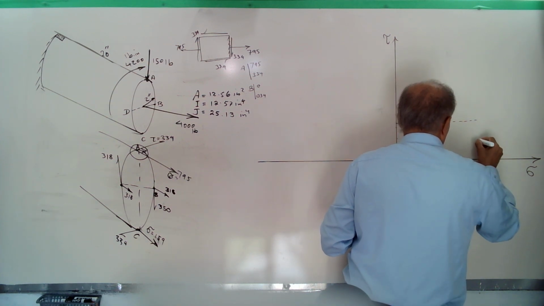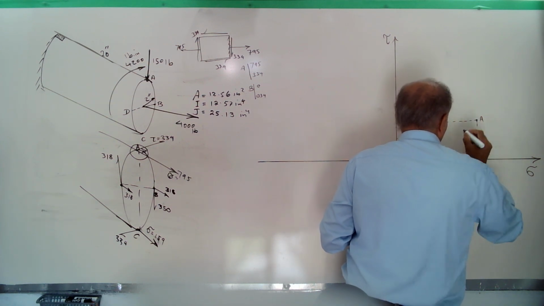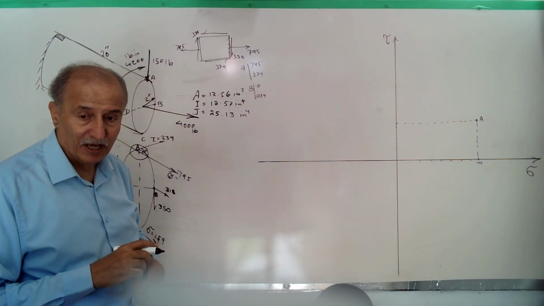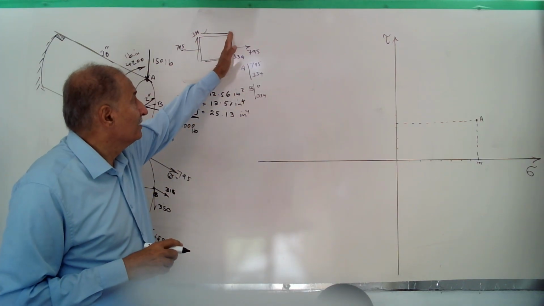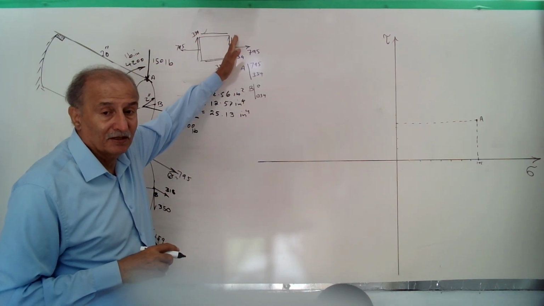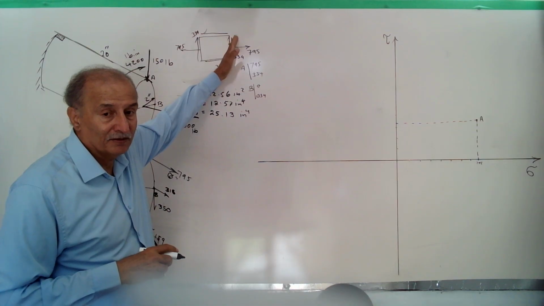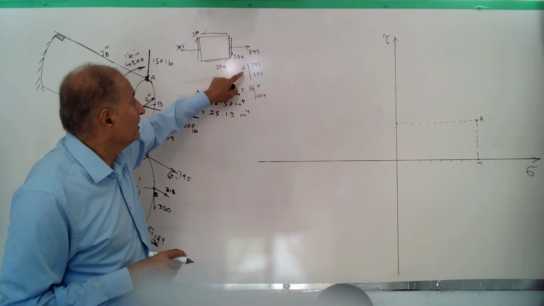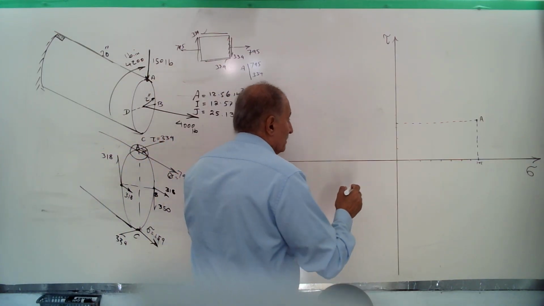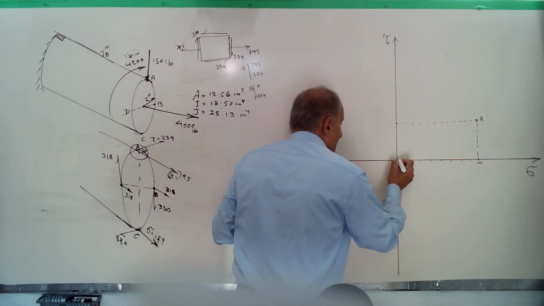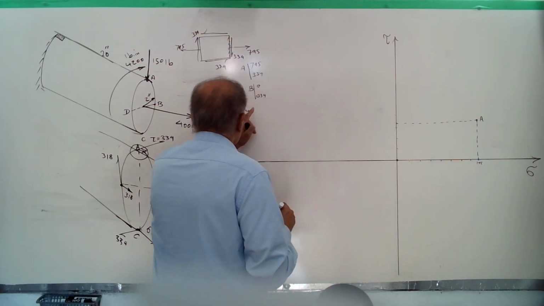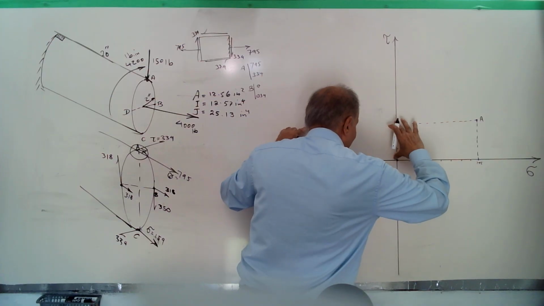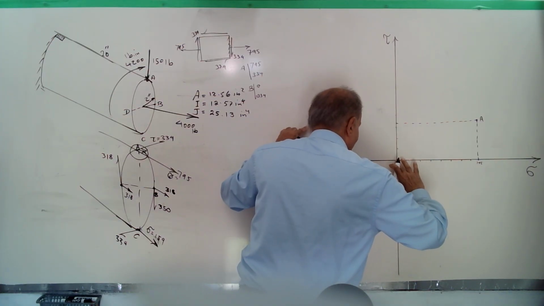Then we find point A in Mohr circle. Point A represents the right side surface of the element. This is called a state of stress. What about point B? Sigma is 0. We are here, and we must go down minus 334, exactly the same as this value.